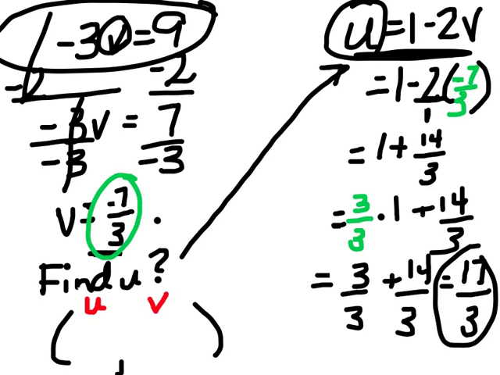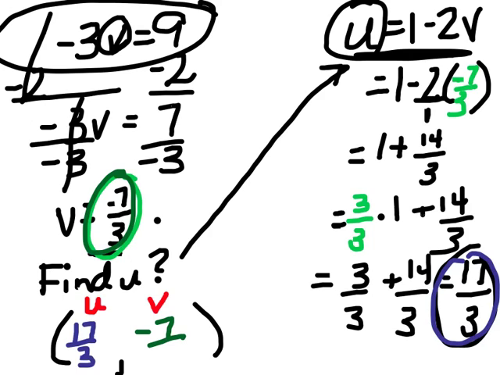My U was actually the 17/3 that was right here, and my V was actually right up here in green. That is how I could write my answer. That's the best way to write your answer. You could write U equal this and V equal this, but it's better to write it as a coordinate point.